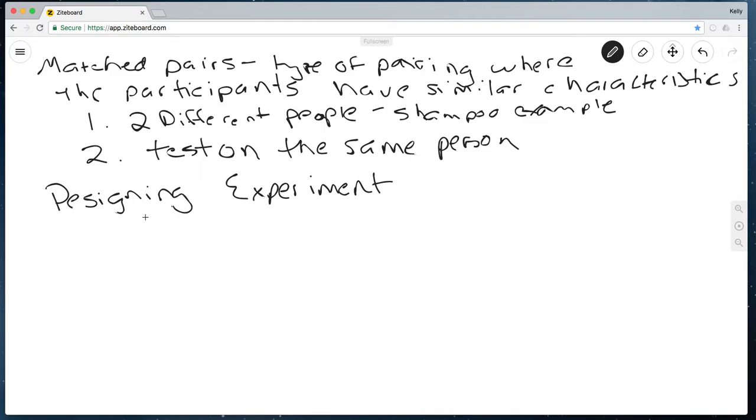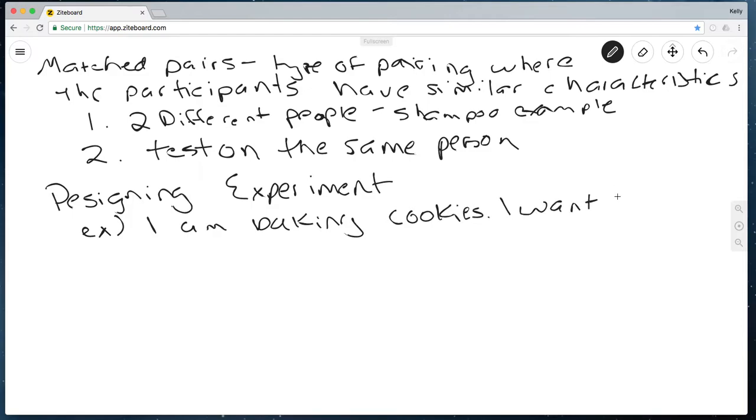All right, so when I design an experiment, let's just do an example. Say I am baking cookies. I want to see if using margarine or butter is better.